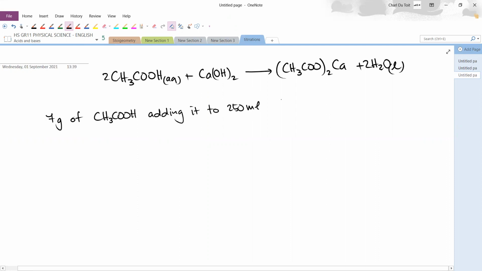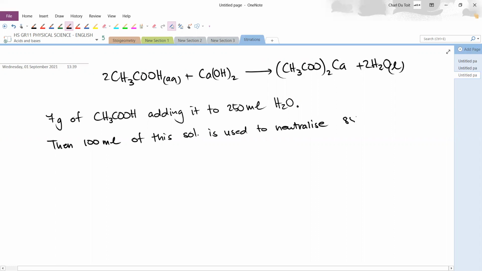That's the first thing I'm doing. Then 100 milliliters of this solution is used to neutralize, let's say, 85 milliliters of calcium hydroxide.